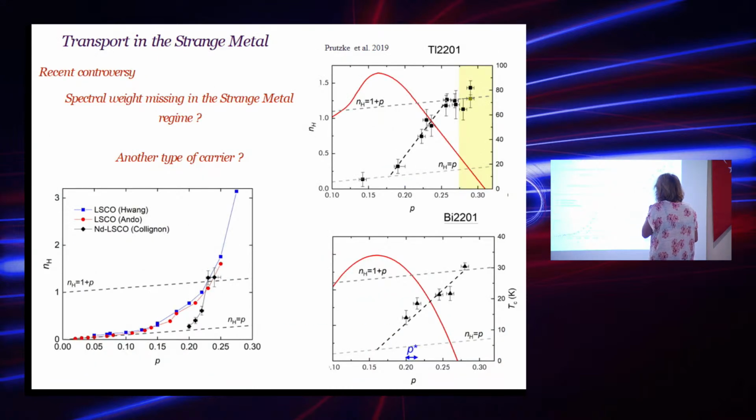Here again, another type of experiment, but it goes quickly because James mentioned them. This is an experiment by the group of Nigel Hussey in Bristol. And they interpret it, in discussion with them, as if you have another type of carrier which is present in this region.